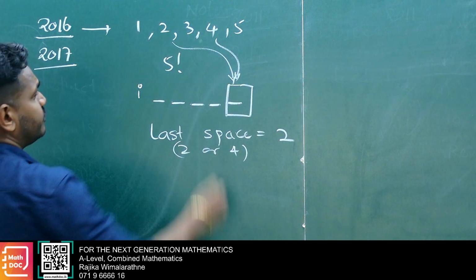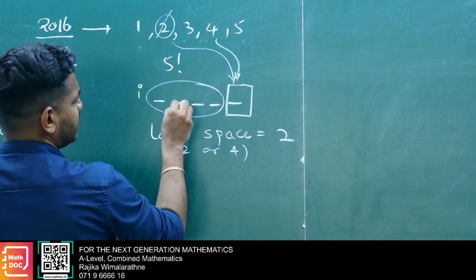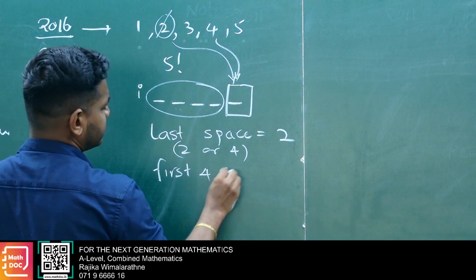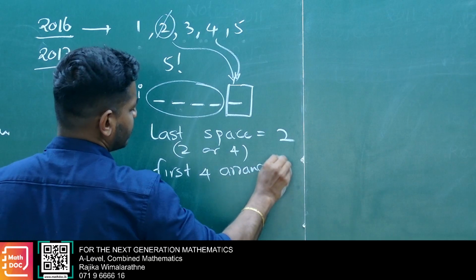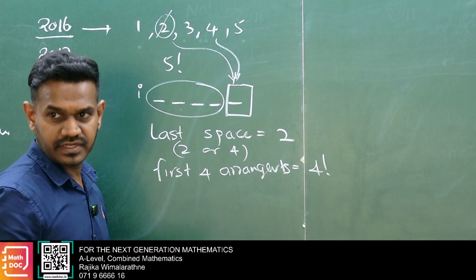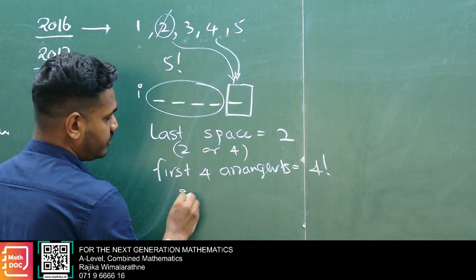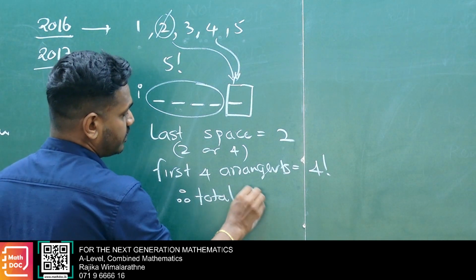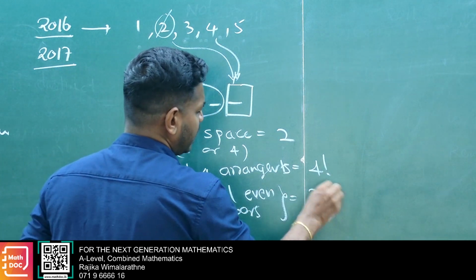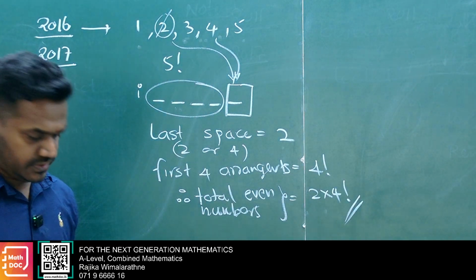If you select one, we have 4 more to be arranged, in the first four spaces, so 4 factorial ways. Therefore, total even numbers: 2 times 4 factorial.